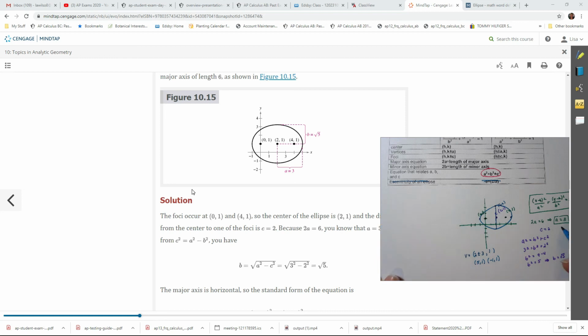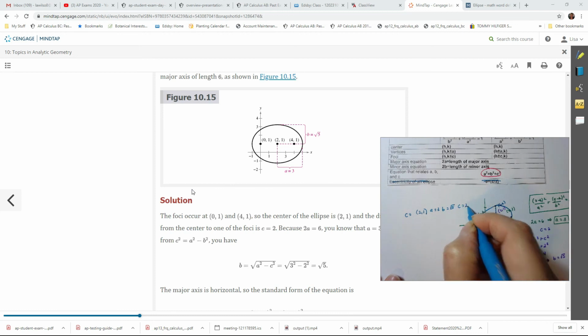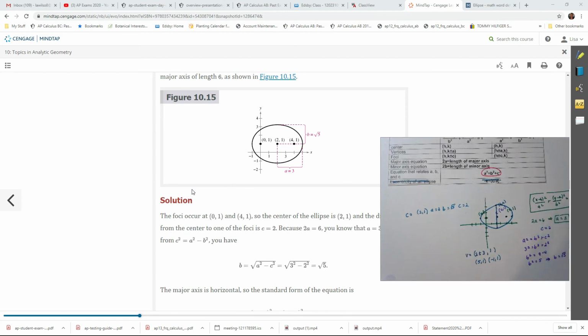I know my center, so let me write this here. My center was at (2, 1). a was 3, b is root 5, and c was 2. Now I'm just going to plug everything in.